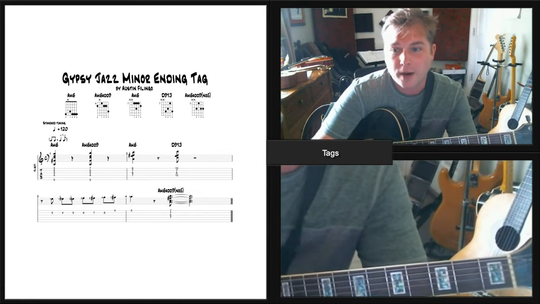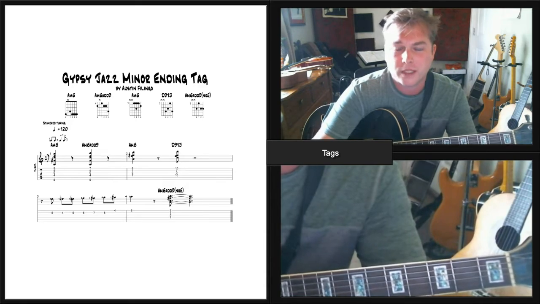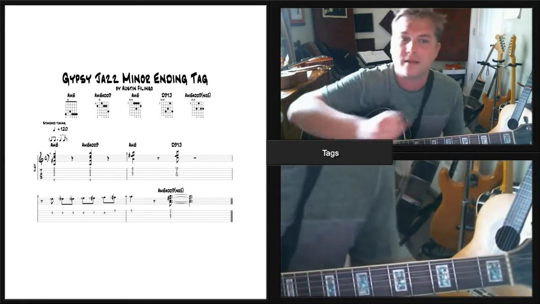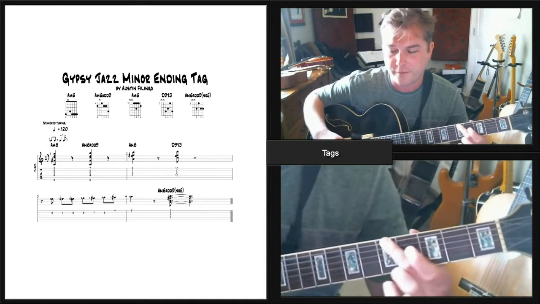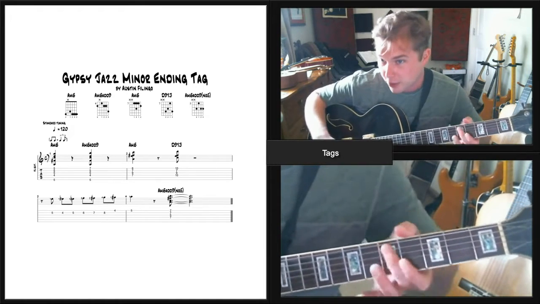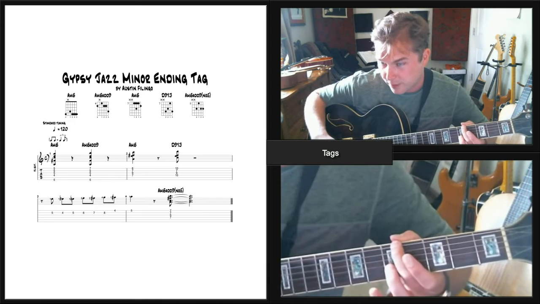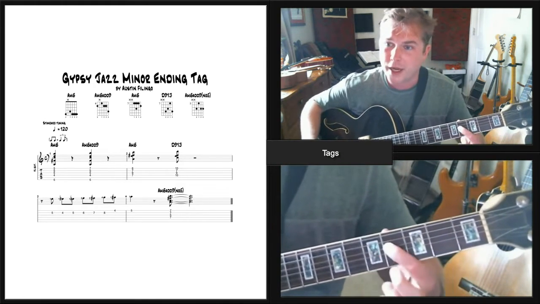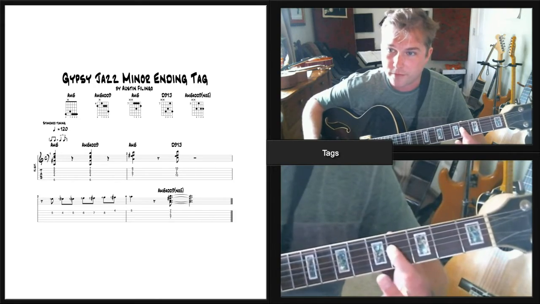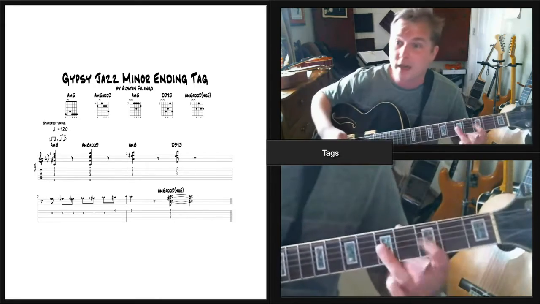Now check this out, right? Let's move back a bit. So A minor 6 is this, right? I have my second finger on the 5th fret of the 6th string, choking the A string with it, so there's nothing really there. Then you've got your first finger on the 4th fret of the 4th string, and then a little bar.